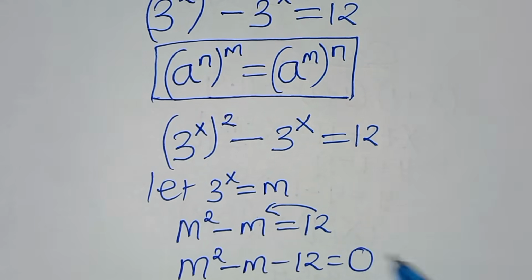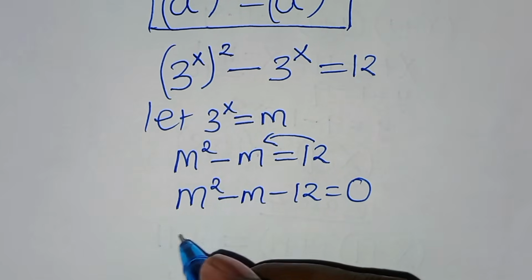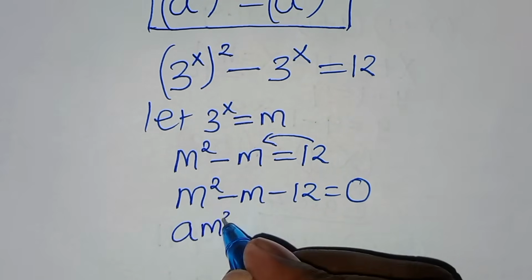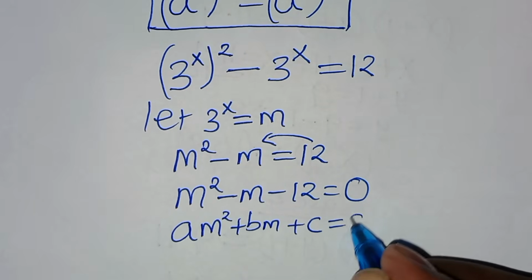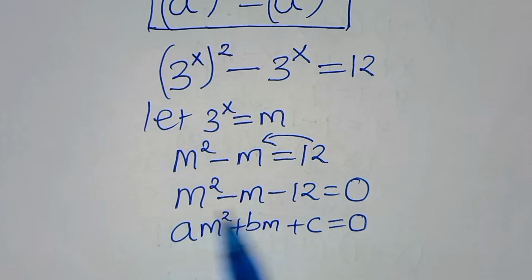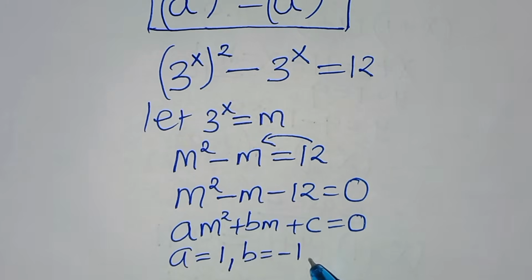This is equal to 0. So this is a quadratic equation of the form am squared plus bm plus c equal to 0. So from this quadratic equation, we have a equal to 1, b equal to minus 1, and c equal to negative 12.